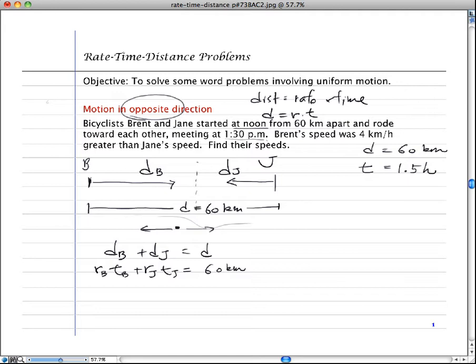It's possible that Brent could have had an early start, and then you would have different times, and you would put the appropriate value for the time of Brent or Jane. But in this particular case, they're both an hour and a half. The time traveled by Brent and Jane is the same, so let's call that T, which happens to be 1.5 hours.